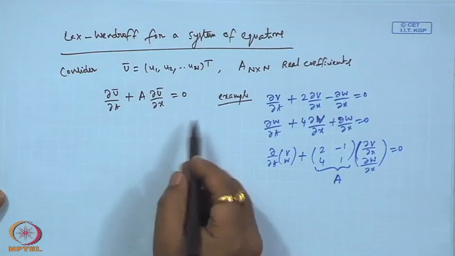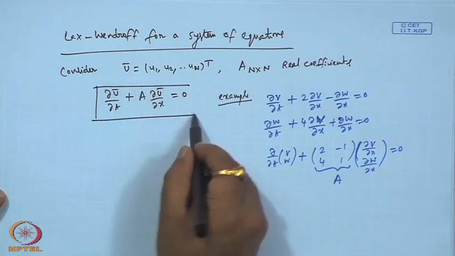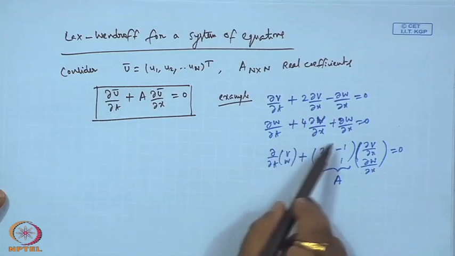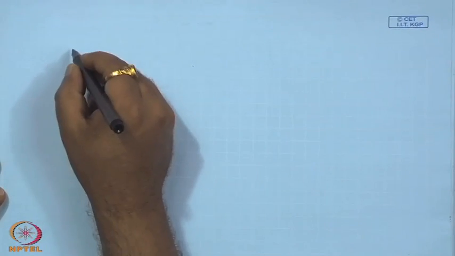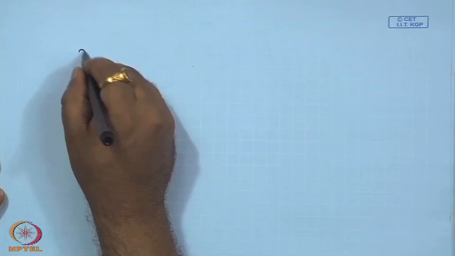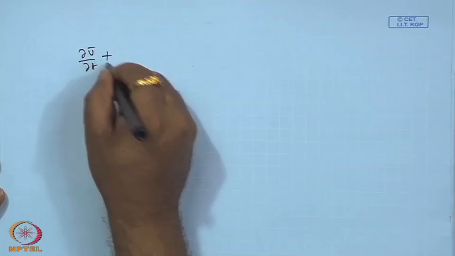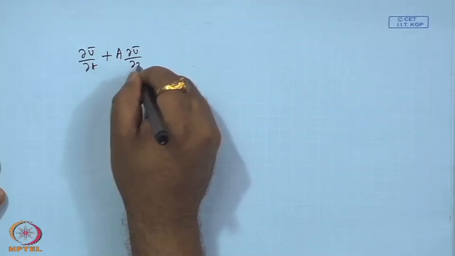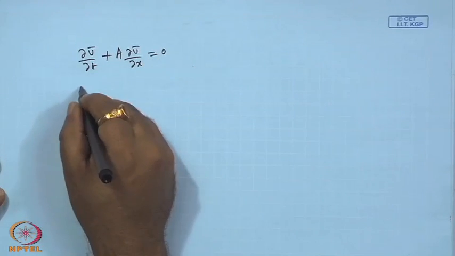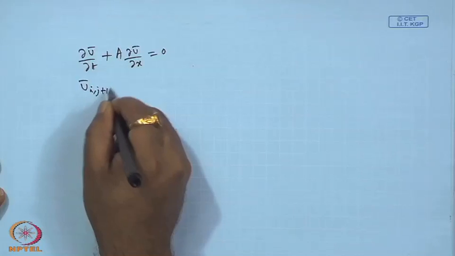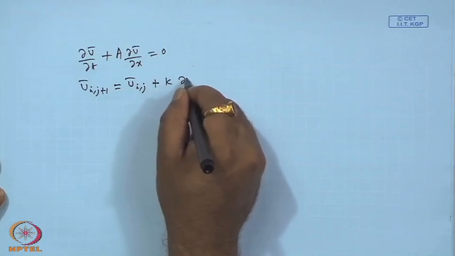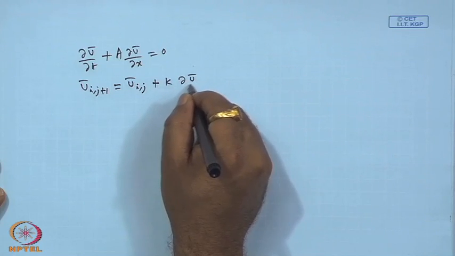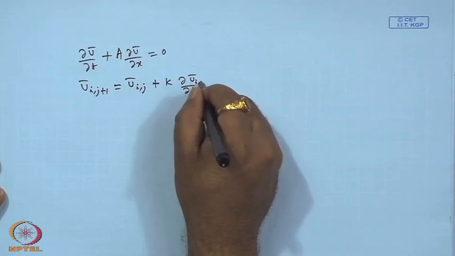So, now when we have such system, how do we approximate without going over the individual components? Okay. So, we follow similar method as we have done for a single equation. So, we consider... then... of course, of I j.